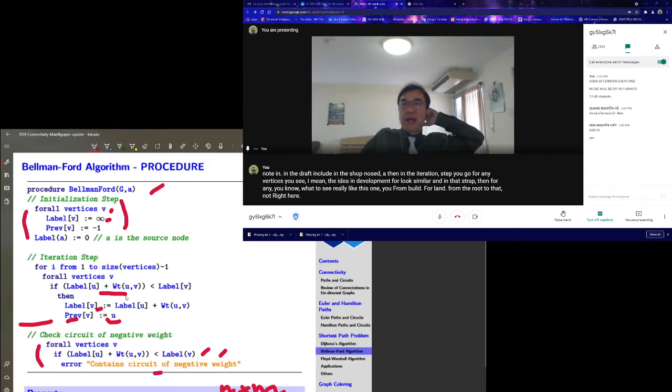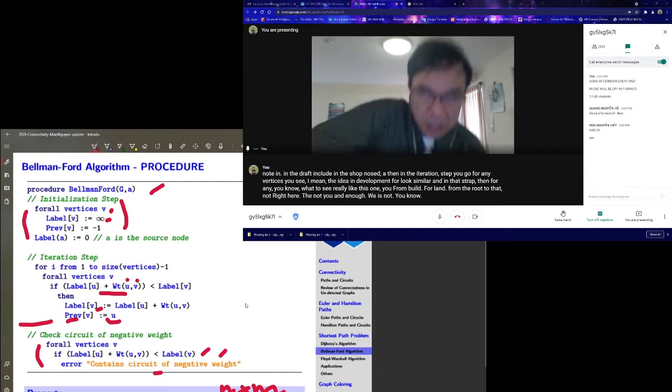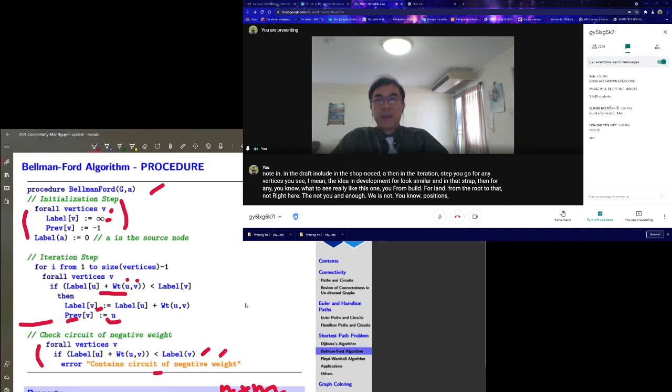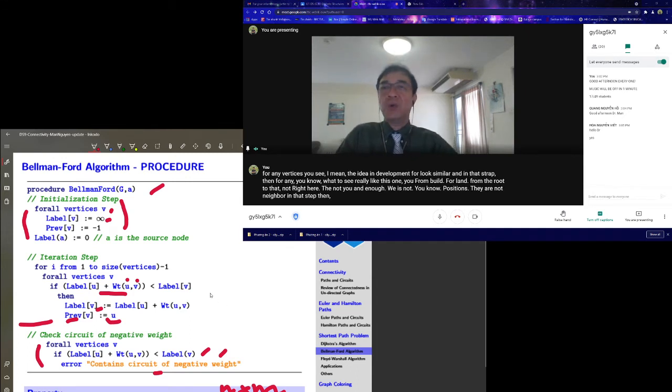And if the node U and the node V are not adjacent, they are not neighbors in that step, then the weight will be infinity. Therefore, the left-hand side is never smaller. So that means we keep the label, you see.